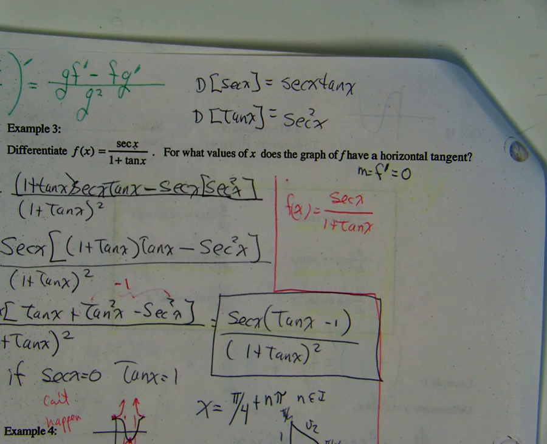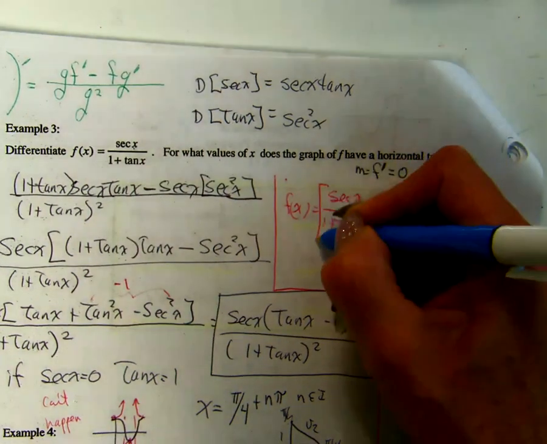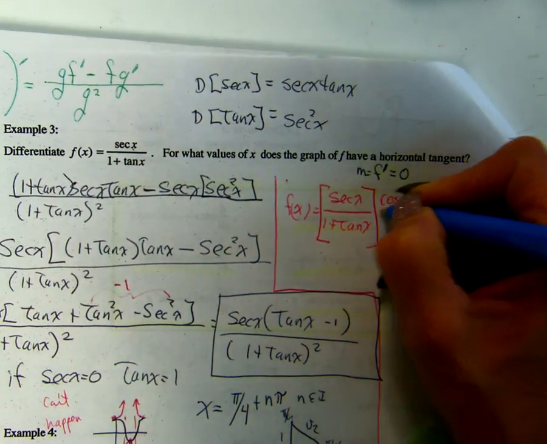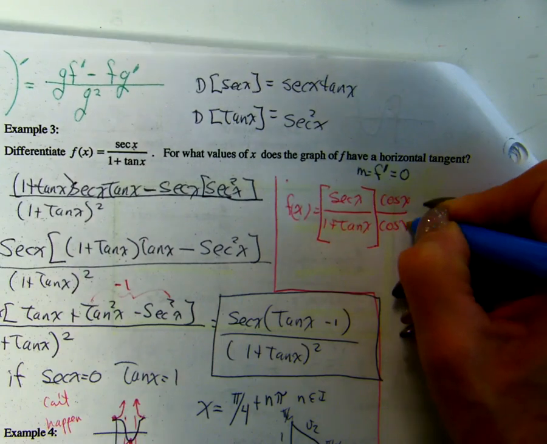What's another way for defining secant? 1 over cos. How do you define tangent? Sine over cos. So really, that's a fraction of a fraction kind of a question. What's the denominator on the top? And the denominator on the bottom? Cos. So what would happen if before we even started, we just multiplied by 1?